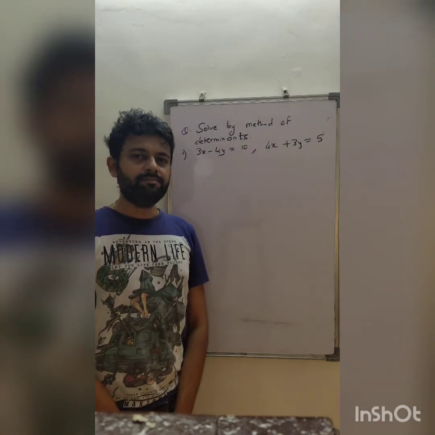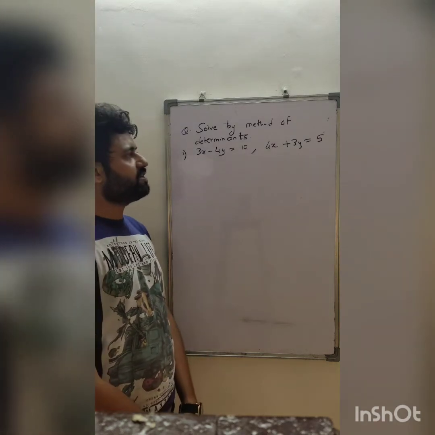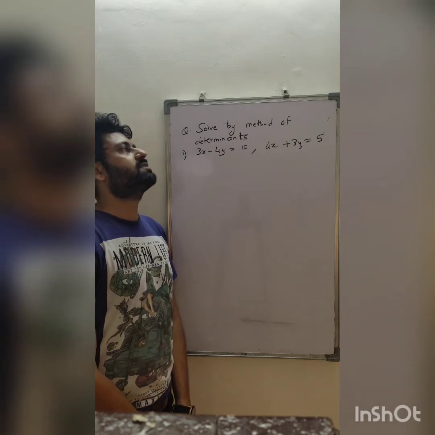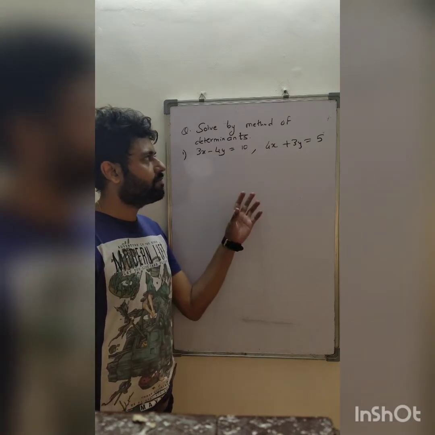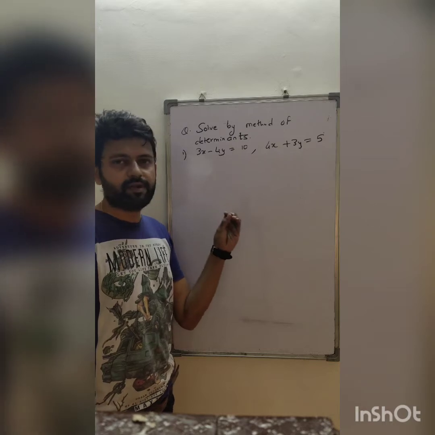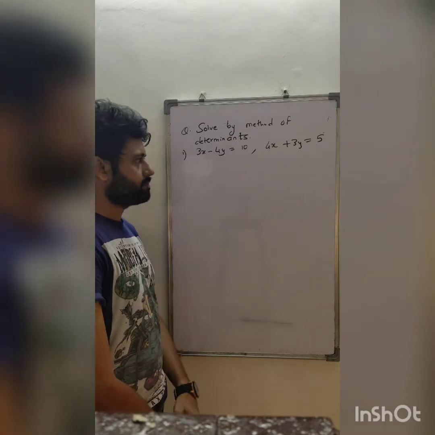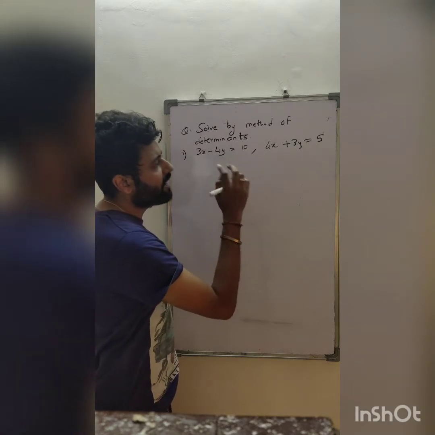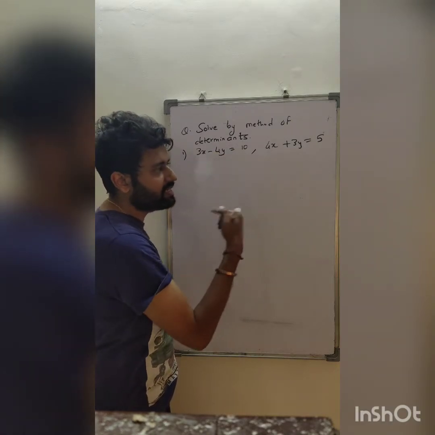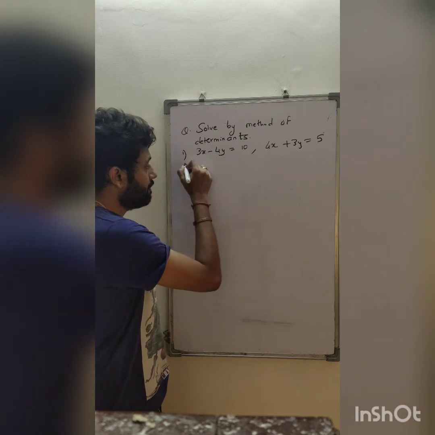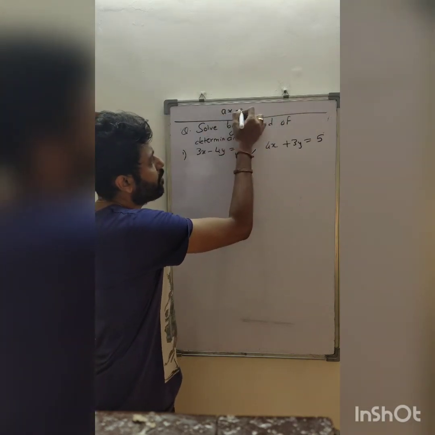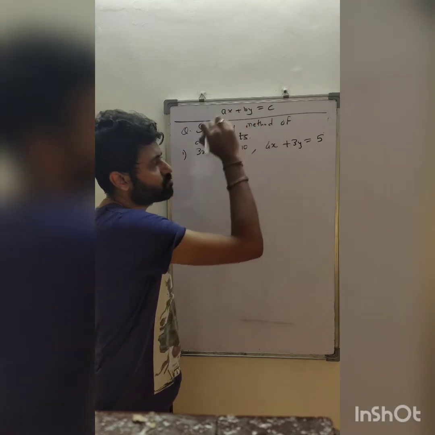Here is the question. Solve the two equations by the method of determinants. To solve it, we have to write the two equations one below the other. And remember, these two equations are to be written in the form of ax plus by is equal to c.